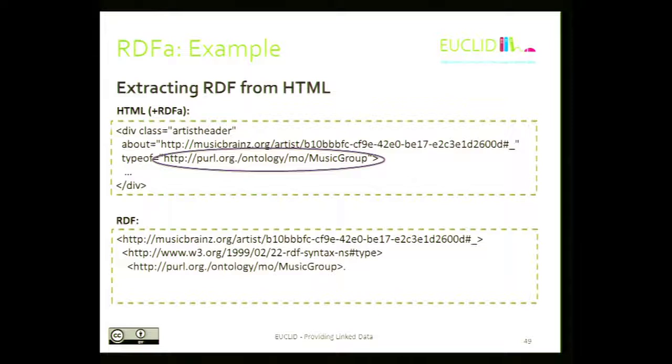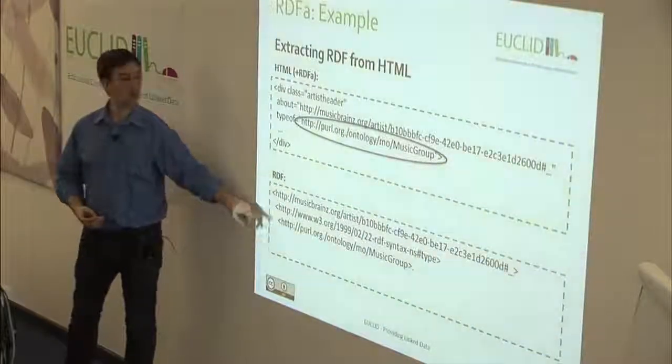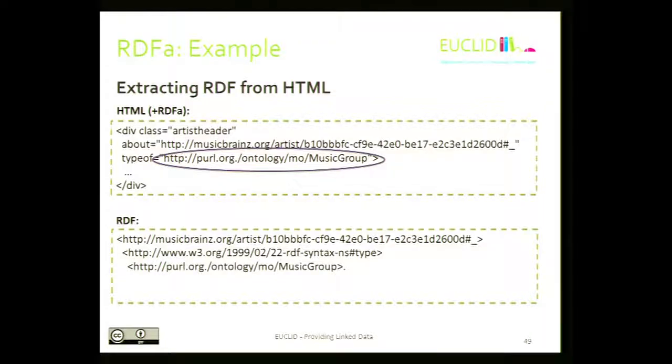Okay? So if we run a browser over this HTML page, we haven't interfered with the HTML. We've just added some attributes that the browser doesn't care about for physical layout. On the other hand, if we run a tool called a distiller over this page, then we can pull out this RDF triple from these two attributes. So the Beatles are a music group.